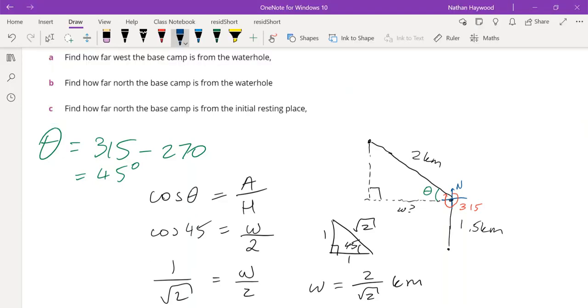You also need to multiply the top and bottom by square root 2 because mathematicians don't like surds on the bottom. So we multiply the top and bottom by square root 2. So you're left with 2 square root 2 over 2, which equals square root 2 kilometers as the west length.